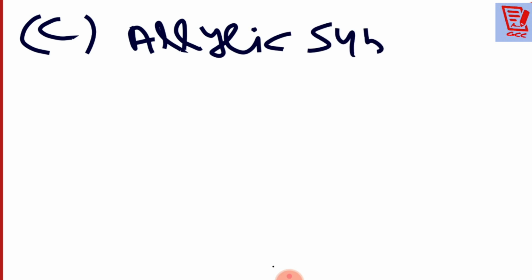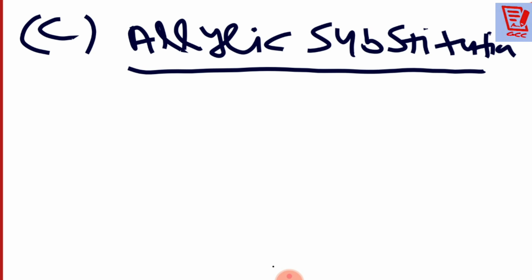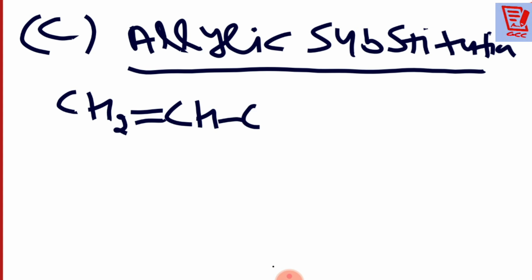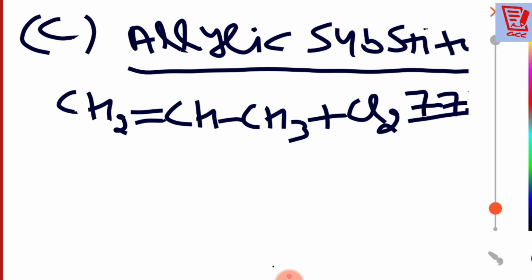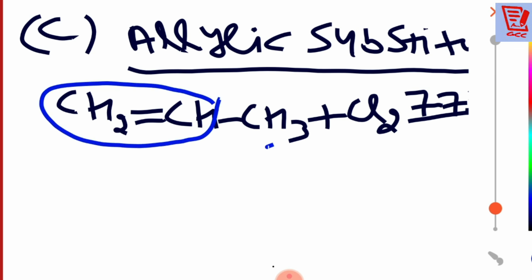Whenever we are talking about allylic substitution, what is going to happen there? Suppose I am writing CH3 CH=CH2 alkene plus Cl2 at 773 Kelvin temperature. I told you previously that you can't make substitution here; substitution will be here only.